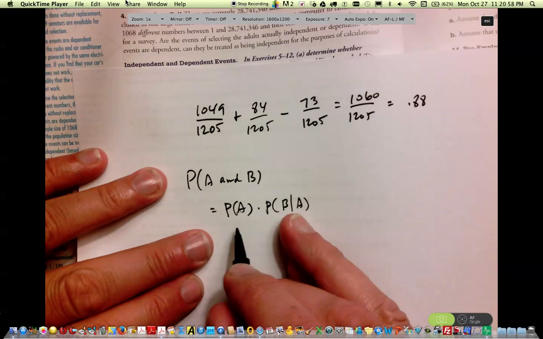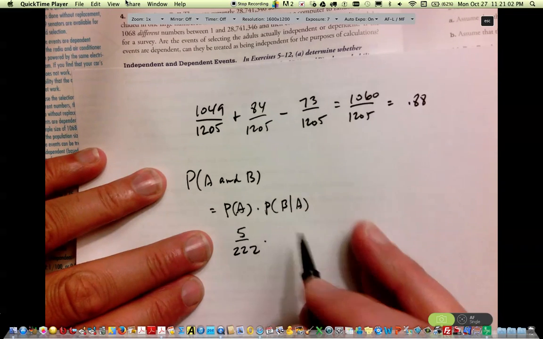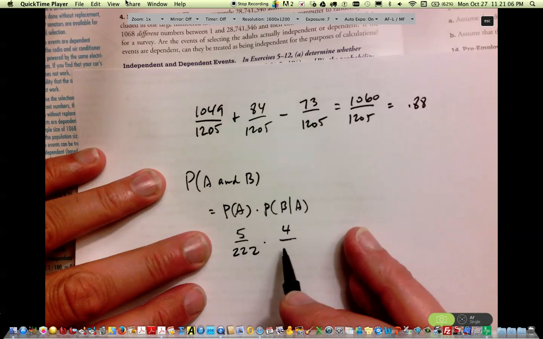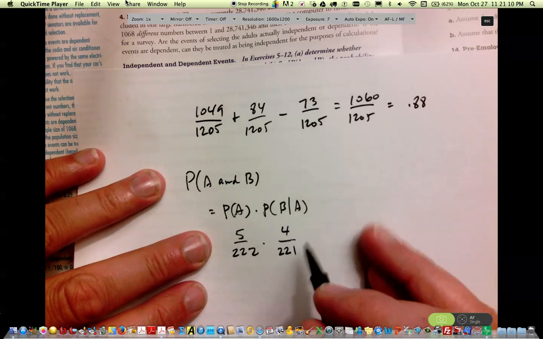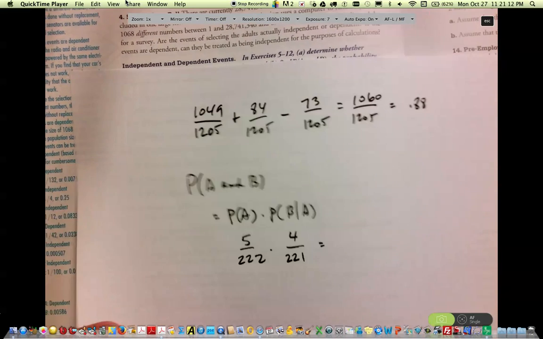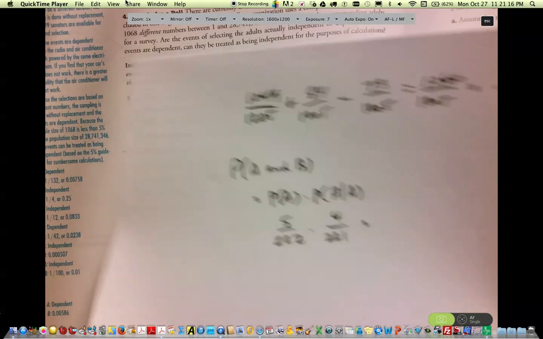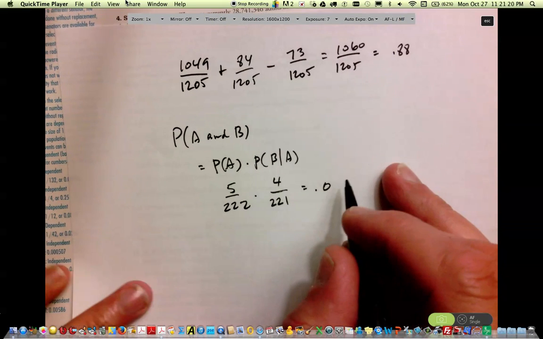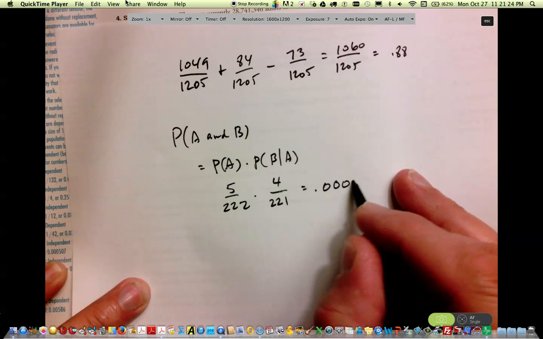So the probability that A occurs is 5 out of 222. Now we've got one of those Indian coins, there's 4 of them left, and we've got 221 left. When we multiply those two things together, we end up getting about 0.000507.